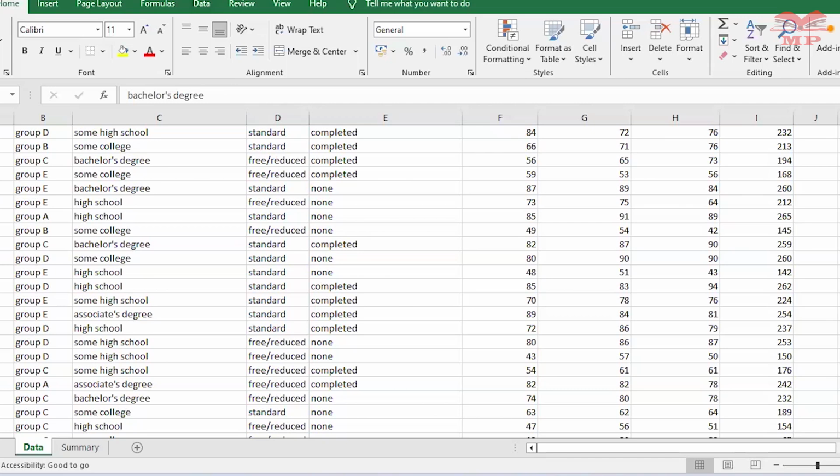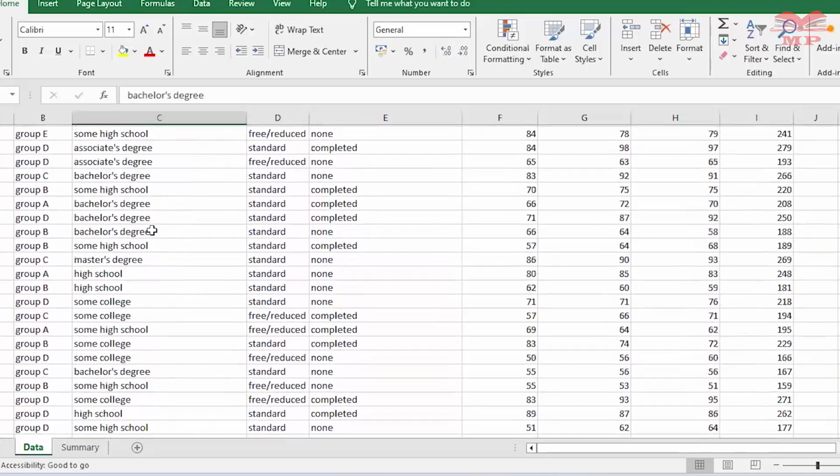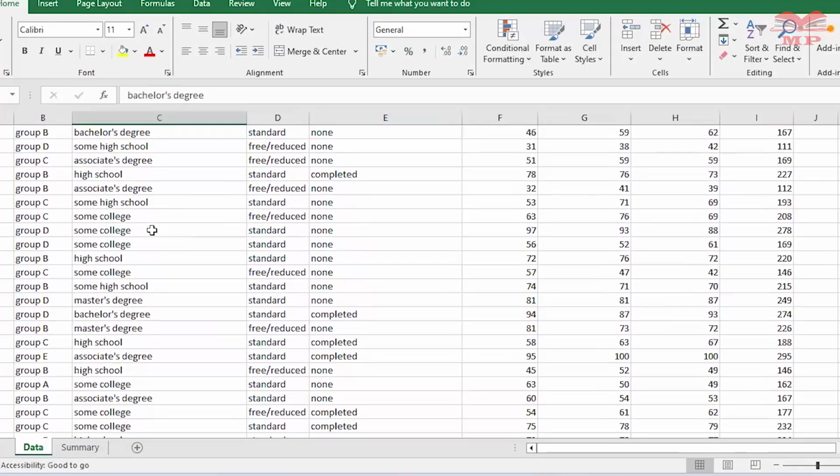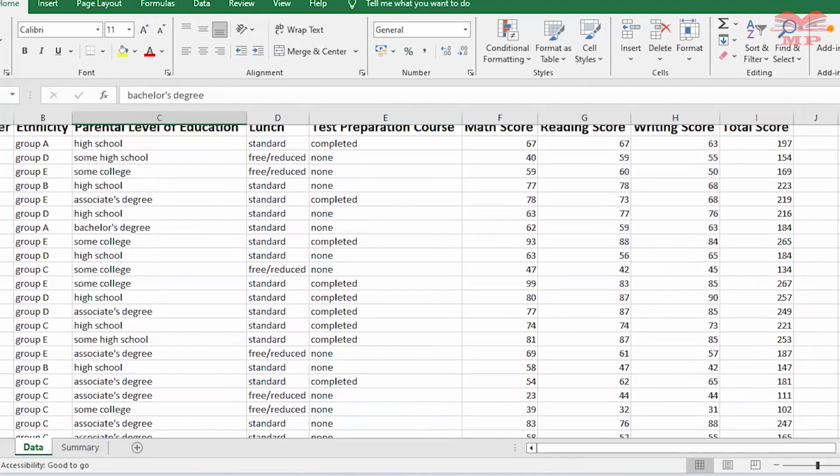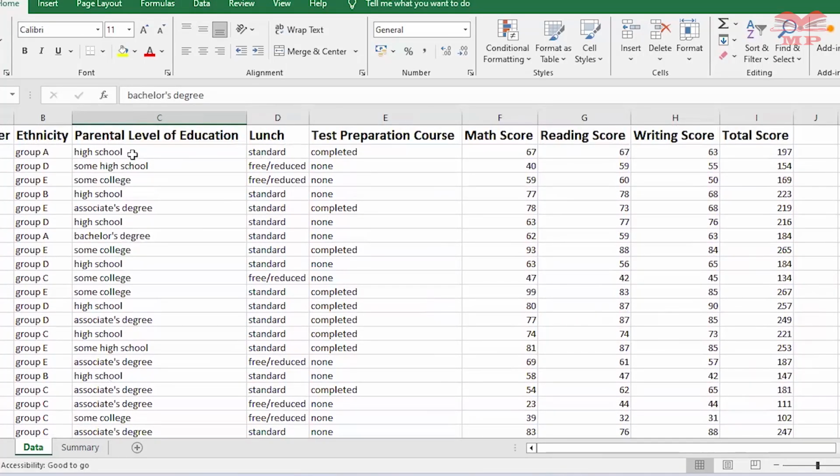Anyway, let me look into that, then I'll show you. What happens is you group the data, so it gives you summaries for each section. So it would have groups of data based on the parental education level, which I think is this one here. So all the high school people would be clustered together.